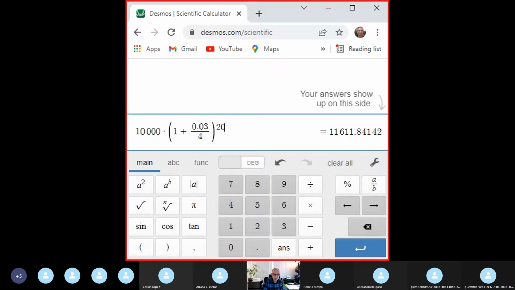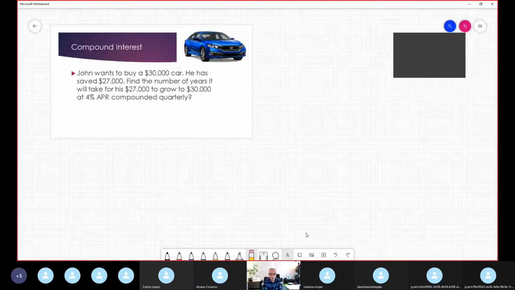This is the second problem. The second problem talks about John, who wants to buy a 30,000 car. Professor, we still see decimals. Okay, sorry. I want to share the whiteboard. Now you see?